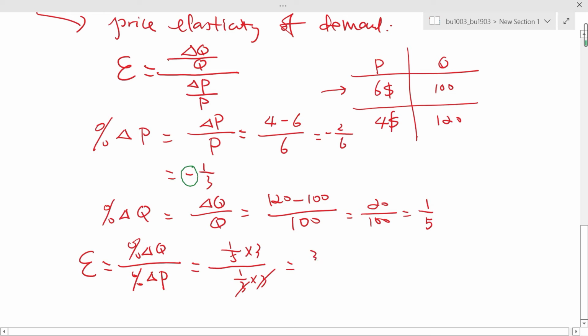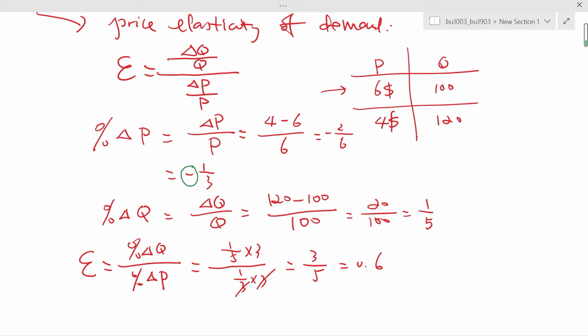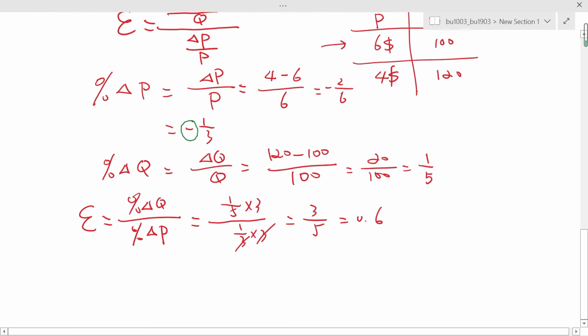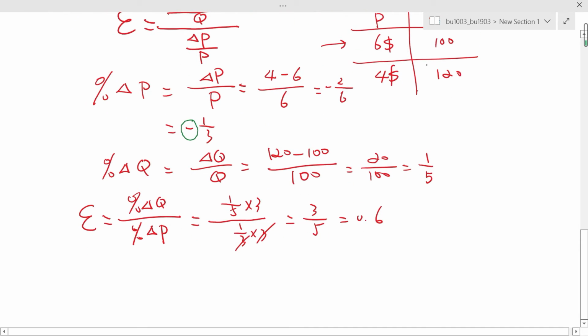So we get 3 over 5, or 0.6. You see that I ignored the negative signs because of the law of demand. All right, so the price elasticity of demand is 0.6.